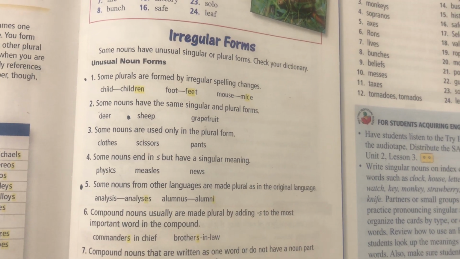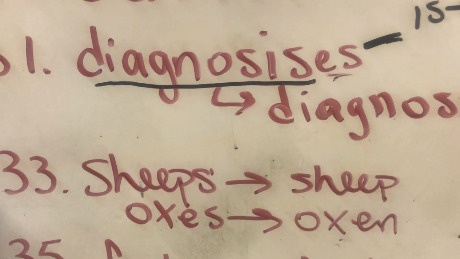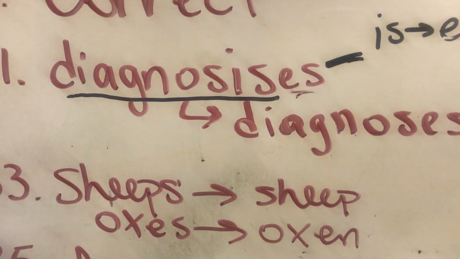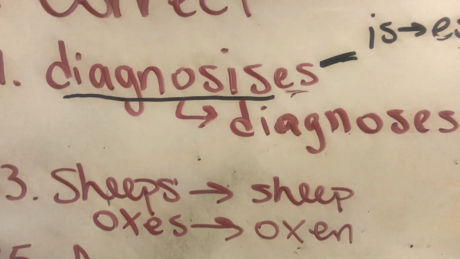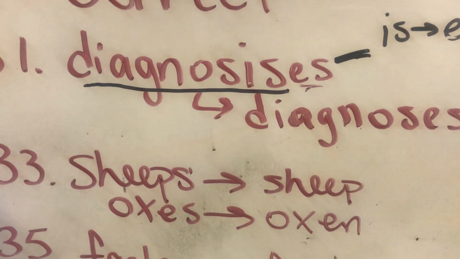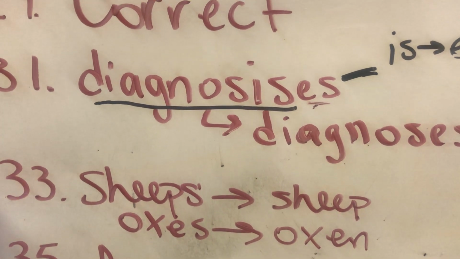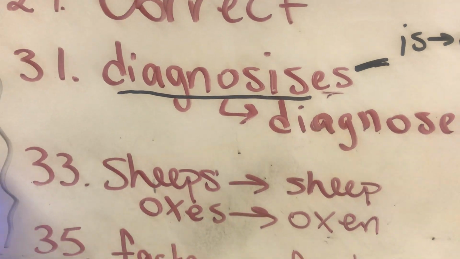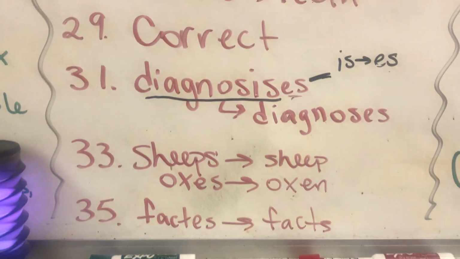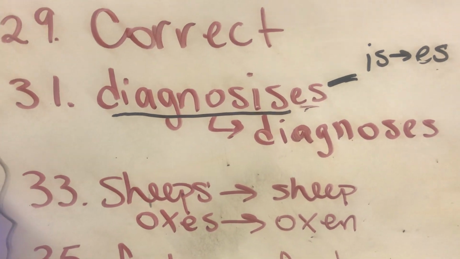And then we're looking at oxes as well. So sheeps would change into sheep, and oxes would change into oxen. So oxen is one of those irregular spelling changes that you're just going to have to commit to your memory. And of course, you can always check in the dictionary. It will easily tell you what the correct spelling should be.